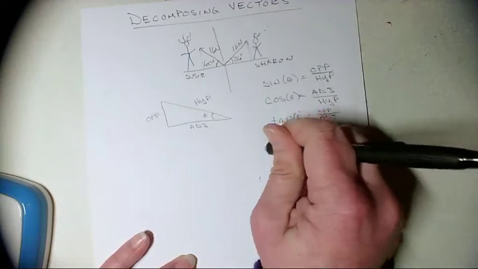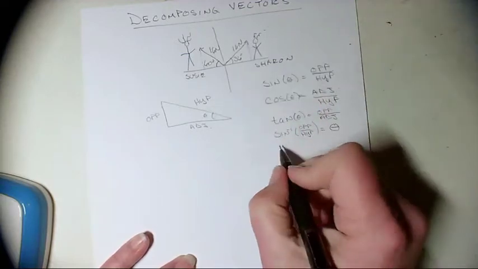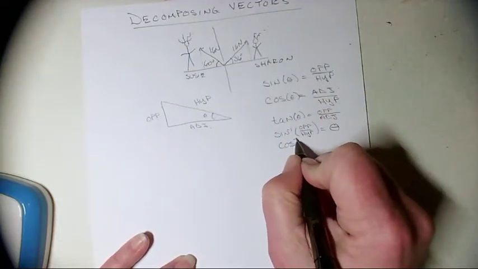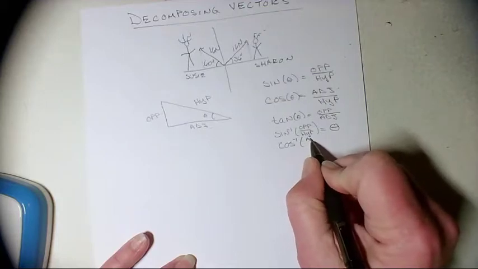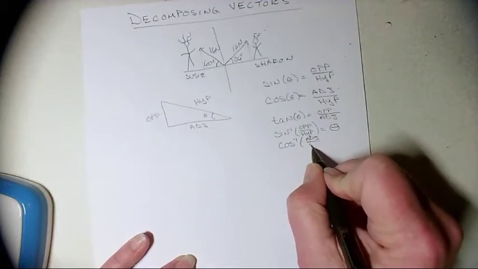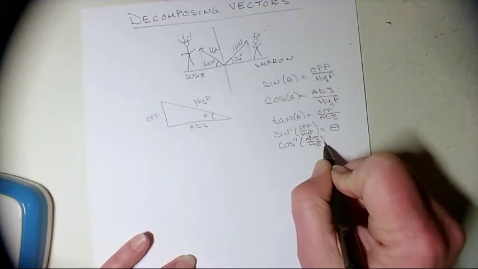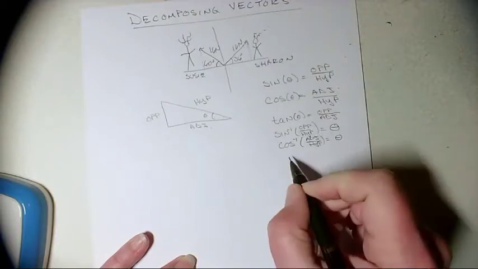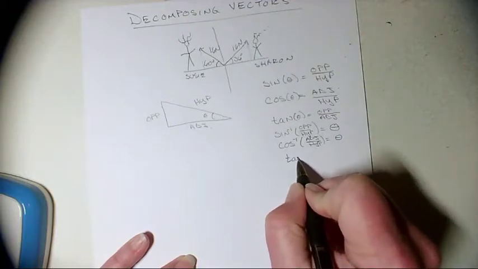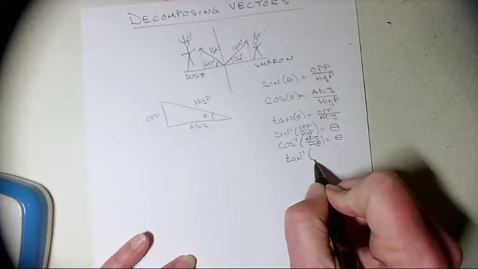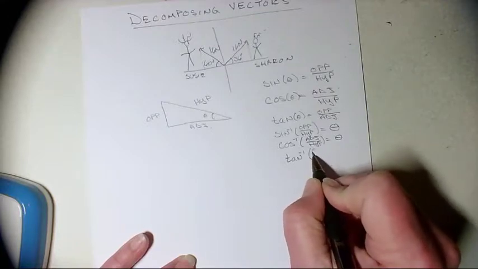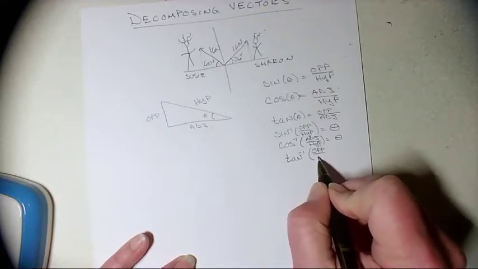Arc cosine of adjacent over hypotenuse equals theta. And arc tangent, which you'll see we use quite regularly, of opposite over adjacent equals theta.